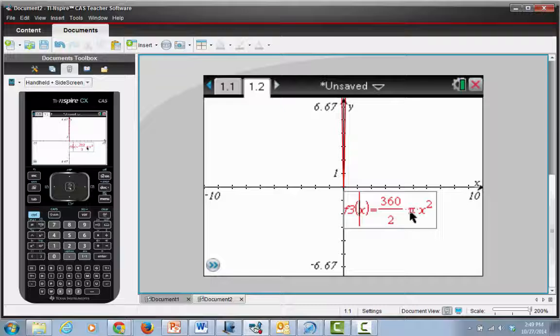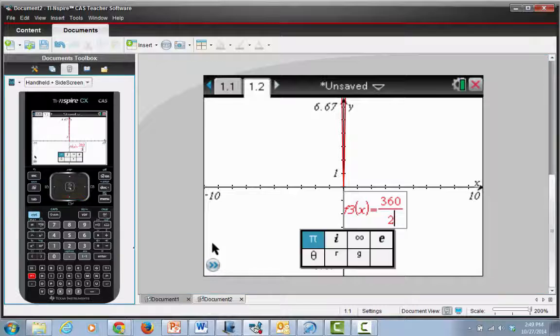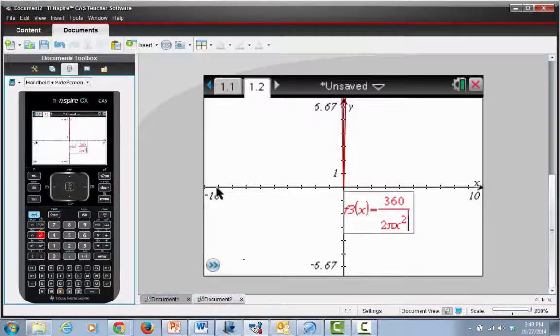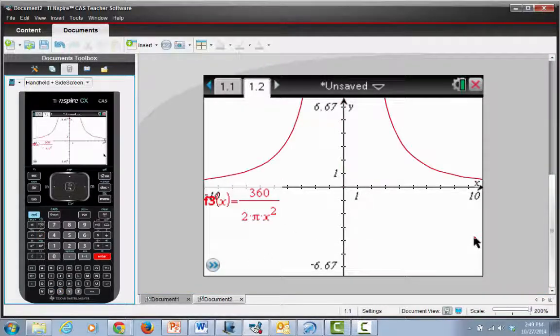Okay, so I need to put that back down on the bottom of this, okay? So once again, let's put pi on here. Okay, x, and then squared. There we go. Now, this makes a drastically different thing. Here we are. Okay?